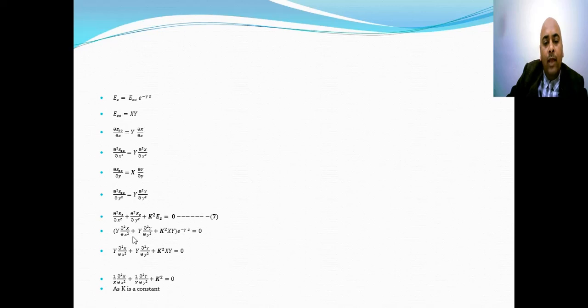While writing this term, we have made one mistake: in spite of y, it should be capital Y, a function of y. If we see these equations, ∂²Ez/∂x² is Y ∂²X/∂x², so it is by mistake here.